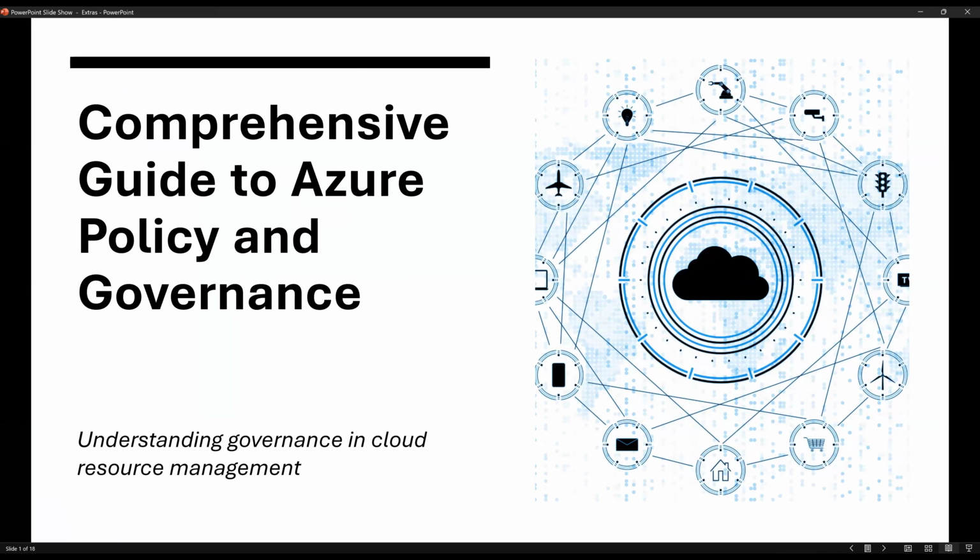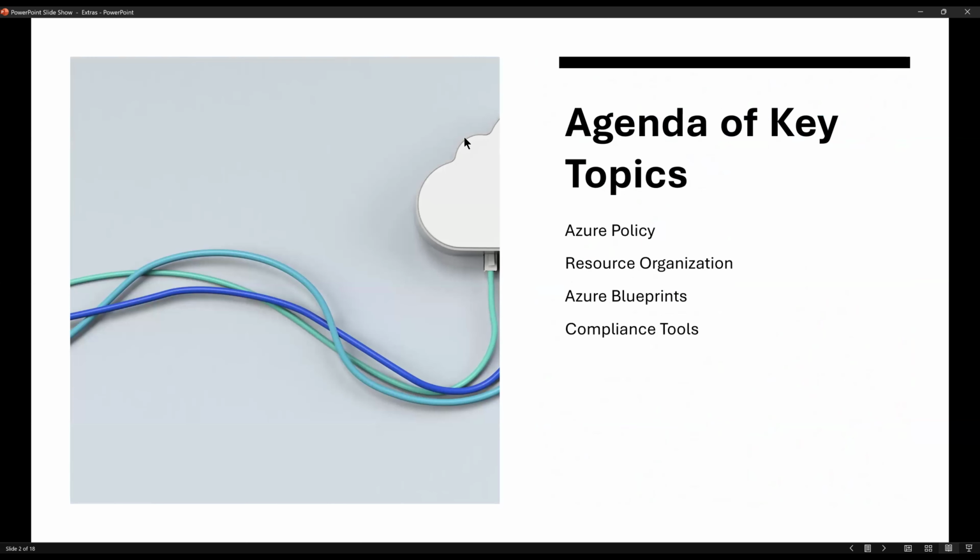Okay, so let's start with the next topic, guys: Azure policy and governance that we use in Azure, why that is required and how we use it. The topics that we will cover are not part of your module, but I thought that is extra that is required for your exam. That's why I created a separate presentation and topic for that.